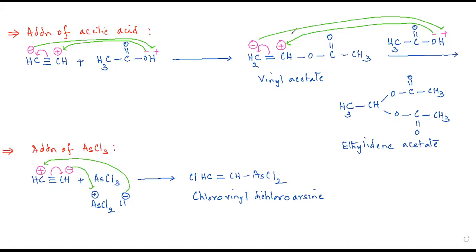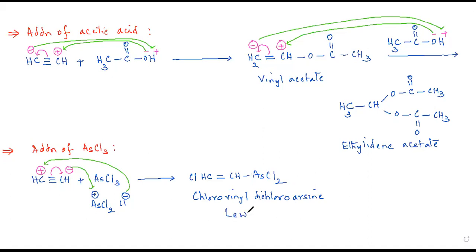Arsine is in fact AsH3. Look at this. Two hydrogens have been replaced by chlorines, and this, of course, has replaced a hydrogen. So AsH3, but the three hydrogens have been replaced by different groups. So we call it chlorovinyl dichloroarsine.